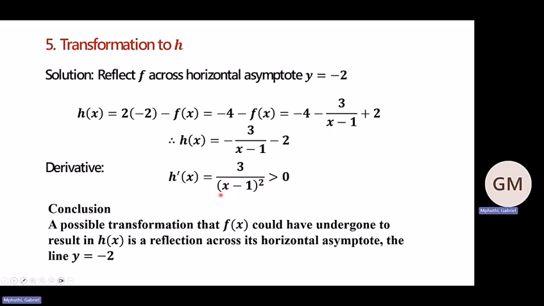Here x must always not be 1. So for any value of x except when x equals 1, we will always have a positive value.